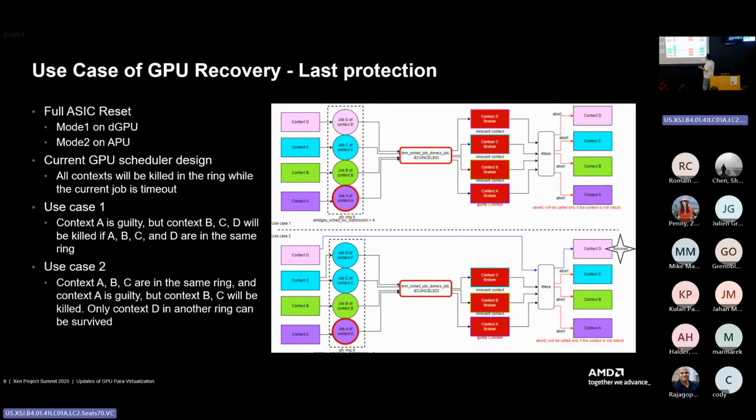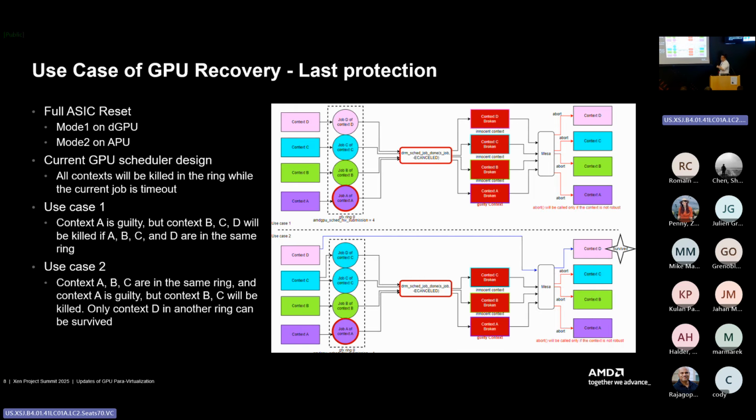That means in some cases we will face a random issue. Maybe the graphics desktop can be randomly killed, because sometimes it may be context D, the graphics desktop, or QEMU may be context D, so it will survive. So in these two use cases, the graphics desktop will be randomly killed, even though there is no issue with the graphics desktop during the GPU reset.